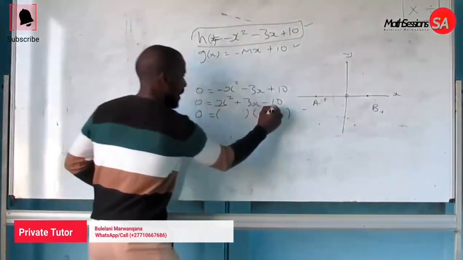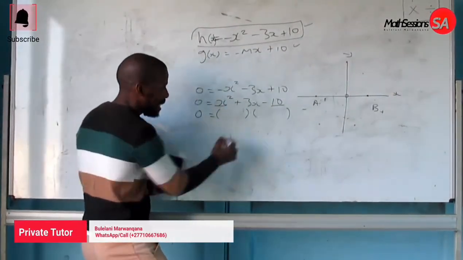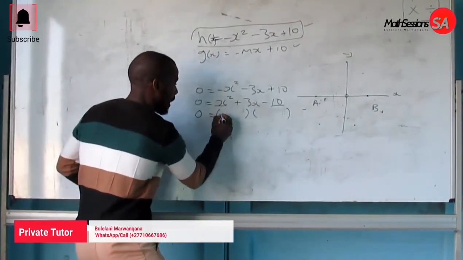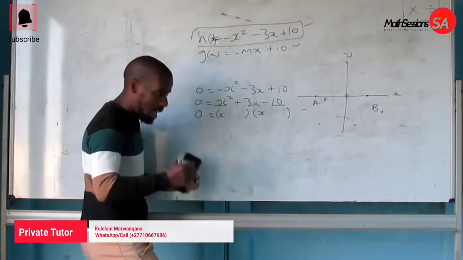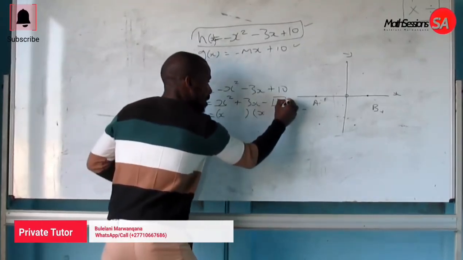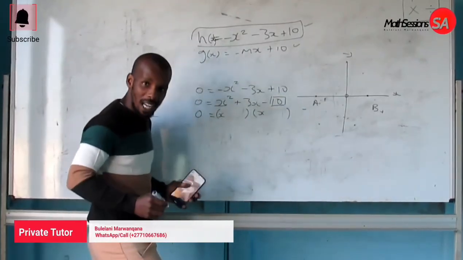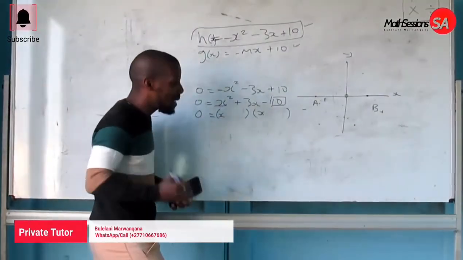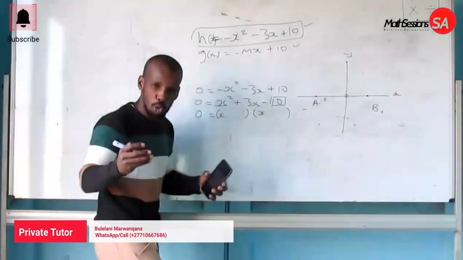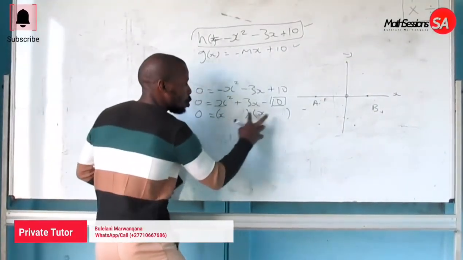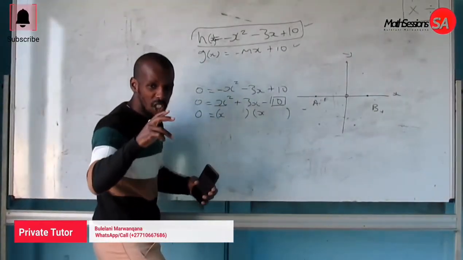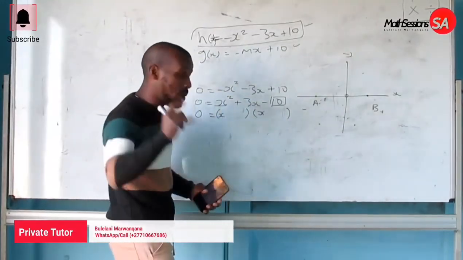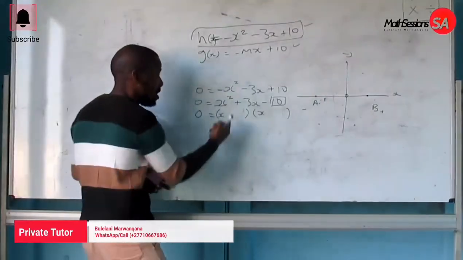For x squared and negative 10, we distribute an x on each bracket, and then we find the factors of 10. The rule says the two numbers I use in the brackets must multiply to give me 10, but when they are added or subtracted, they must give me a positive 3.